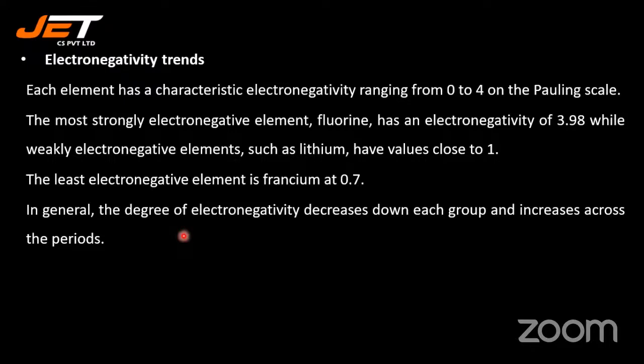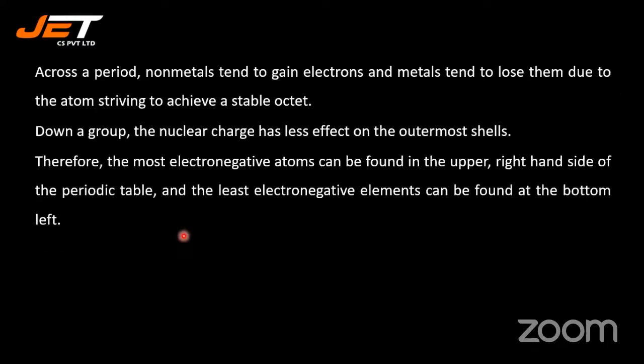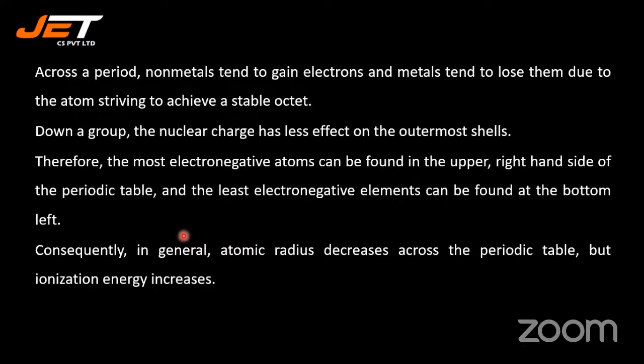Okay, so this is a fact, and this is very much important for your NEET boards, because they have a very low probability of asking you the definition. Rather, they will be asking you stuff like this. Across period, non-metals tend to gain electrons and metals tend to lose them. Atoms are striving to achieve a stable octet.